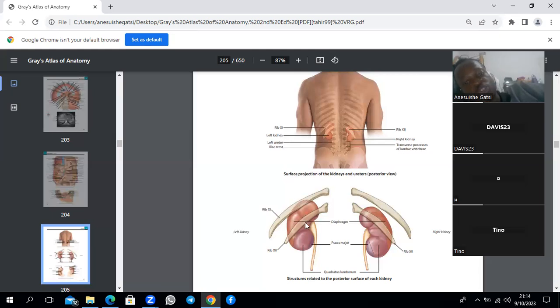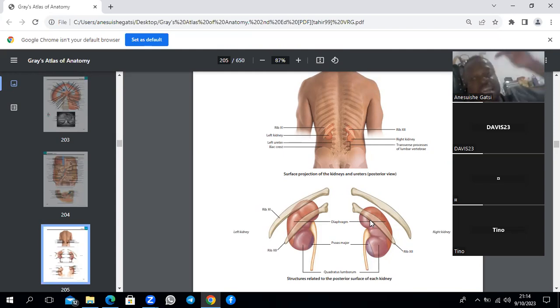The left kidney is related to rib number 12 and rib number 11. But since the right kidney is a bit lower, it is only associated with rib number 12.